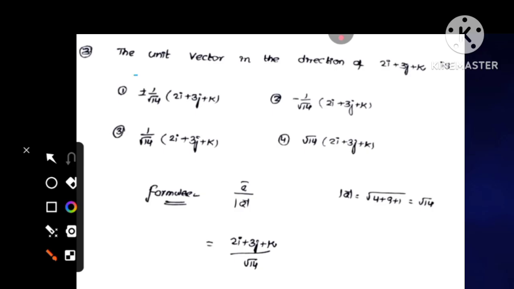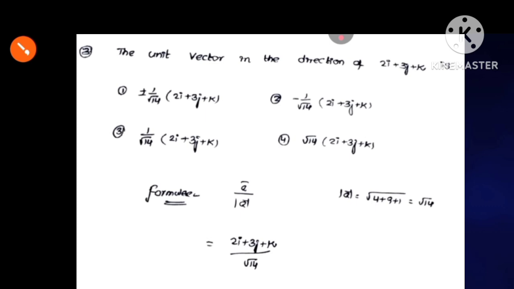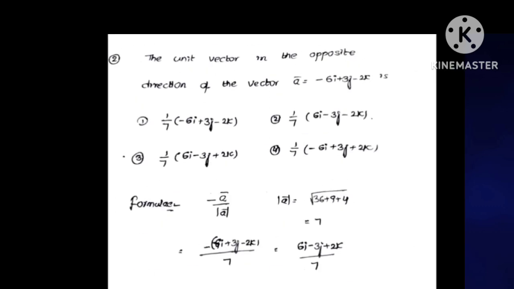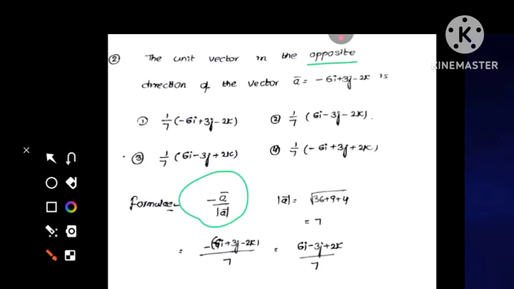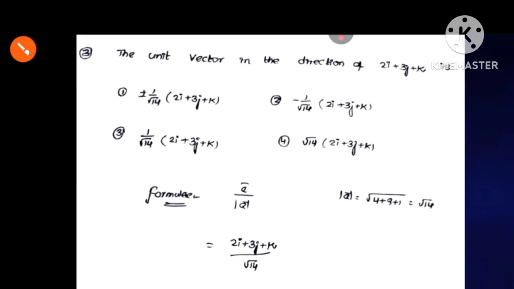The unit vector in the direction of 2i plus 3j plus k. Okay, in the direction means in the same direction. In the same direction means you take the formula A bar by mod A bar. So in this question we don't take the minus sign, but in the last problem, in the opposite direction, you have to take the negative sign in the formula.